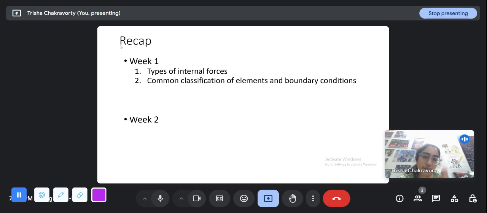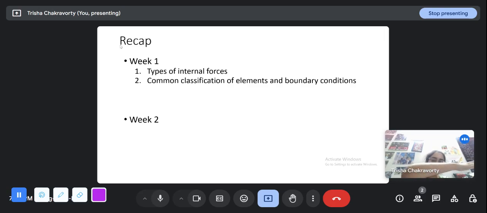restraint in the perpendicular direction to which it is placed. There is pinned or hinged support that provides displacement restraints in two perpendicular directions in the 2D plane, and in the 3D plane, it provides restraint in all three perpendicular directions. The pinned or hinge support does not provide any rotational fixity.